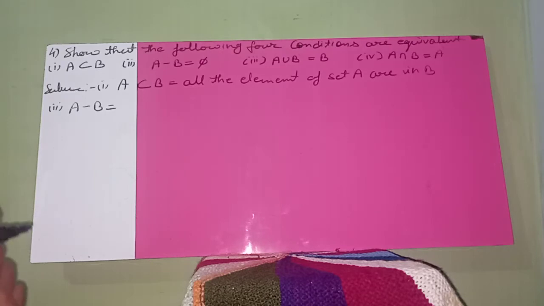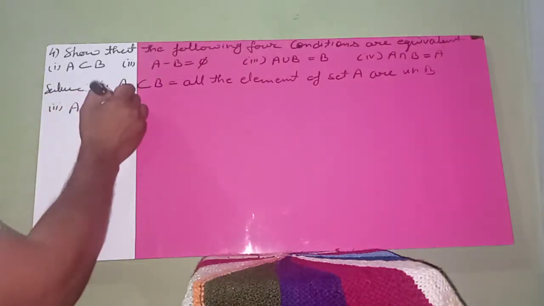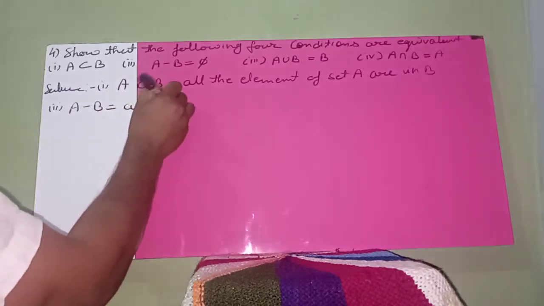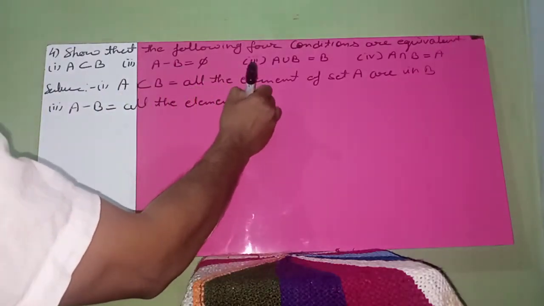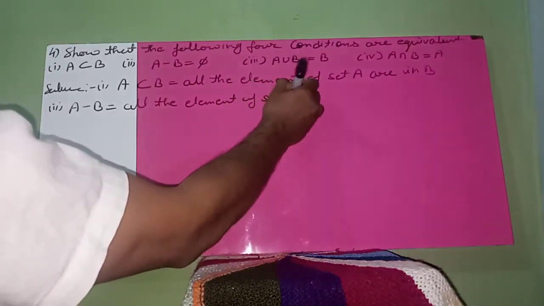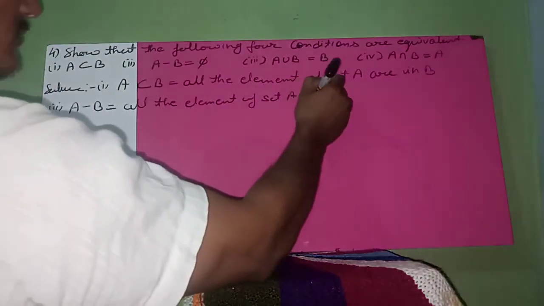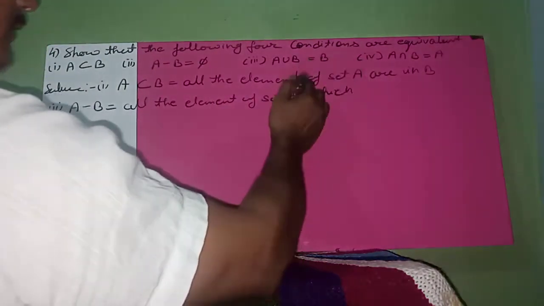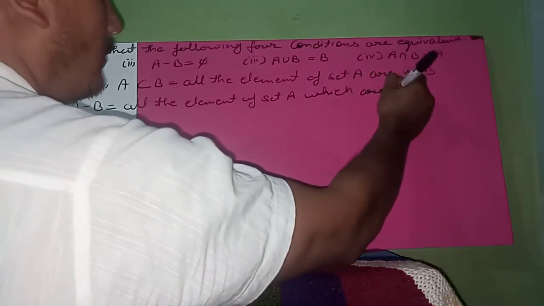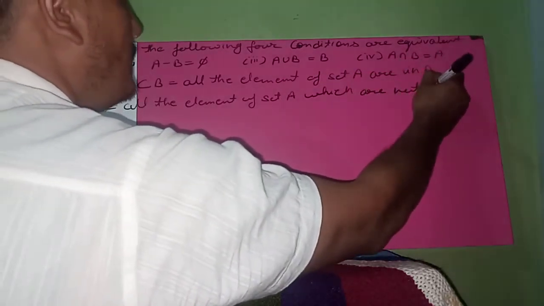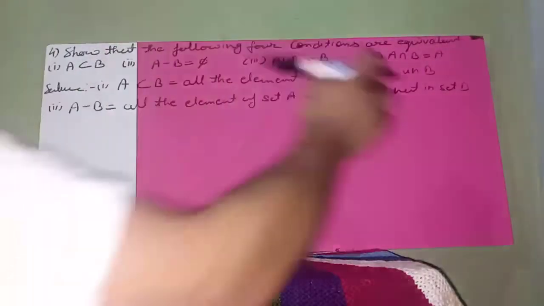So tell me, A minus B is all the elements of set A which are not in set B. So what does A minus B mean?